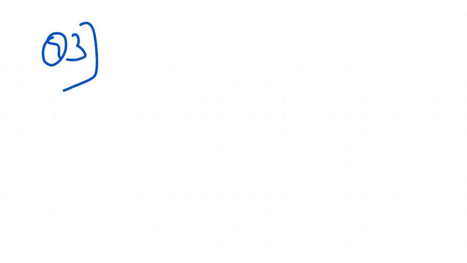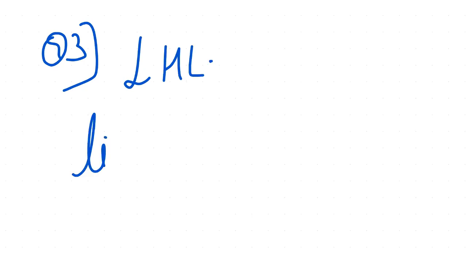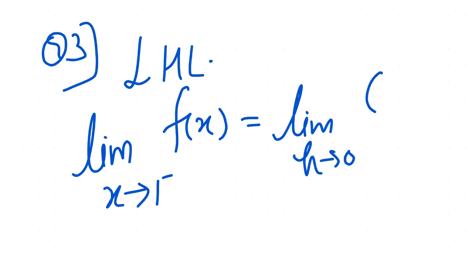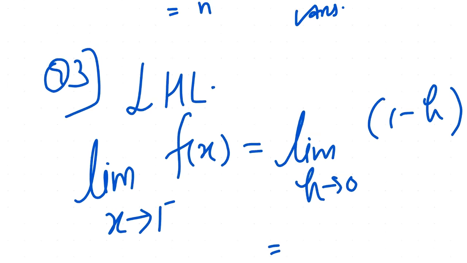So LHL, limit x tends to 1 negative f(x), and this is equal to limit h tends to 0 of f(1 minus h). Wherever we have f(x), write the f(x). Here f(x) is equal to 3 minus x.